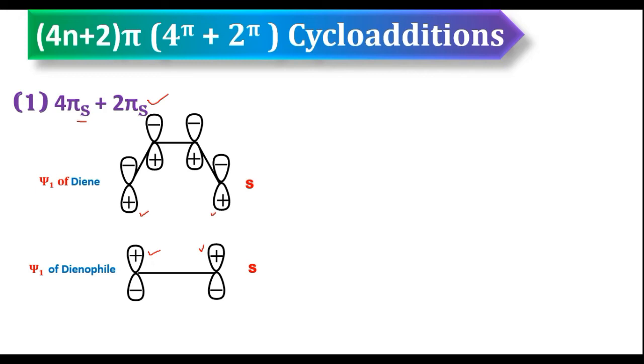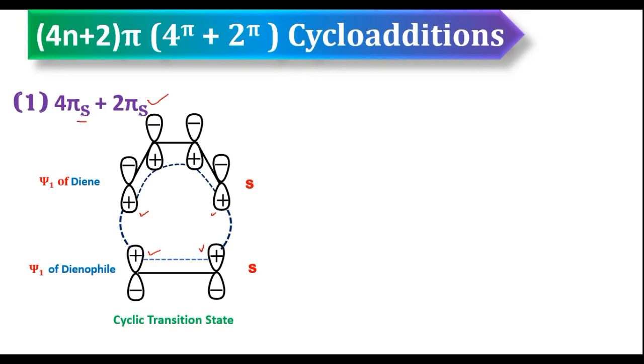So connect these two. Now connect all bottom side lobes. Now connect these lobes and complete the transition state. Now we got the cyclic transition state. So you can identify the number of nodes, friends: plus, plus, plus, plus, plus, plus.